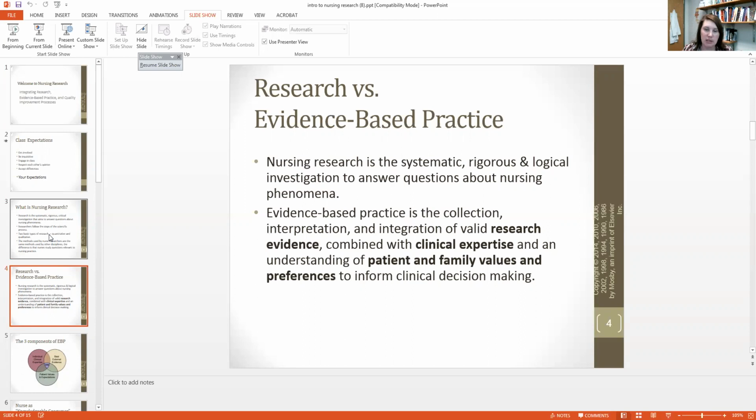Evidence-based practice is then the use of that interpretation and integration of research that has been done by nurses, and we combine that with the clinical expertise that we as nurses have, and we always need to make sure that we are taking into account patient and family preferences too in how we go about providing care. So again, evidence-based practice is the culmination of the research that we have done, our own clinical expertise, and then the desires of the patient and family and how their care is provided.